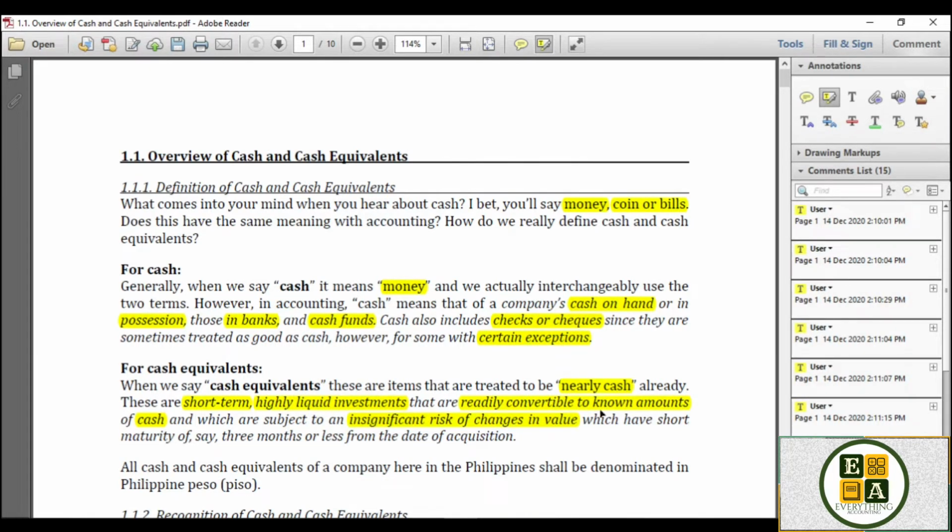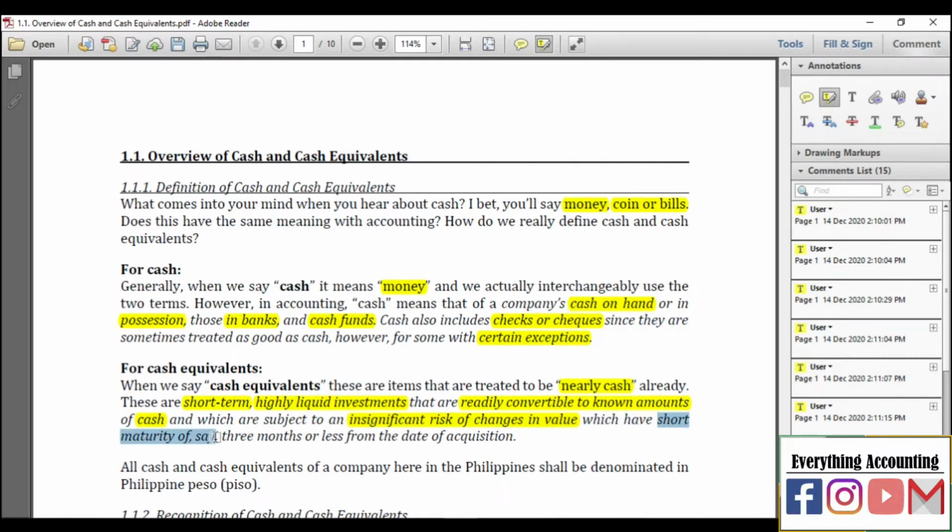Tapos meron siyang ito yung pinaka-importante dun sa standards na nagpo-provide ng definition for cash equivalents. For an item to be considered as cash equivalent, dapat daw kahit short term siya, kahit highly liquid investment, kahit highly convertible, pag hindi pumasok sa sinasabing short maturity. Ano yung ibig sabihin ng short maturity? Yung qualification na nakalagay doon, 3 months or less from date of acquisition.